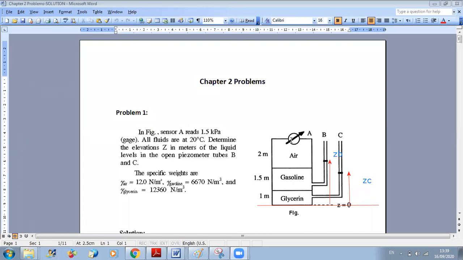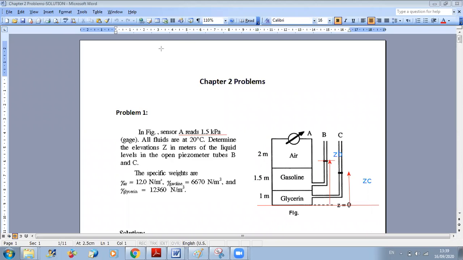Because I know that the pressure at A is equal to 1.5 kilopascal, okay? This is why I will start from here. And I will go from point A to the point of interest. I am interested in the pressure at this point here, so I will write the relation between the pressure at A and the pressure at this point.